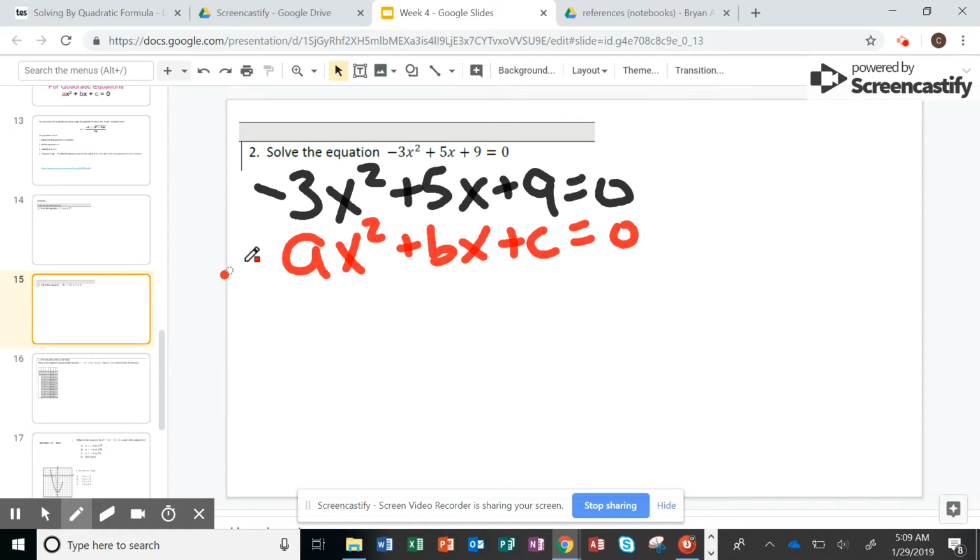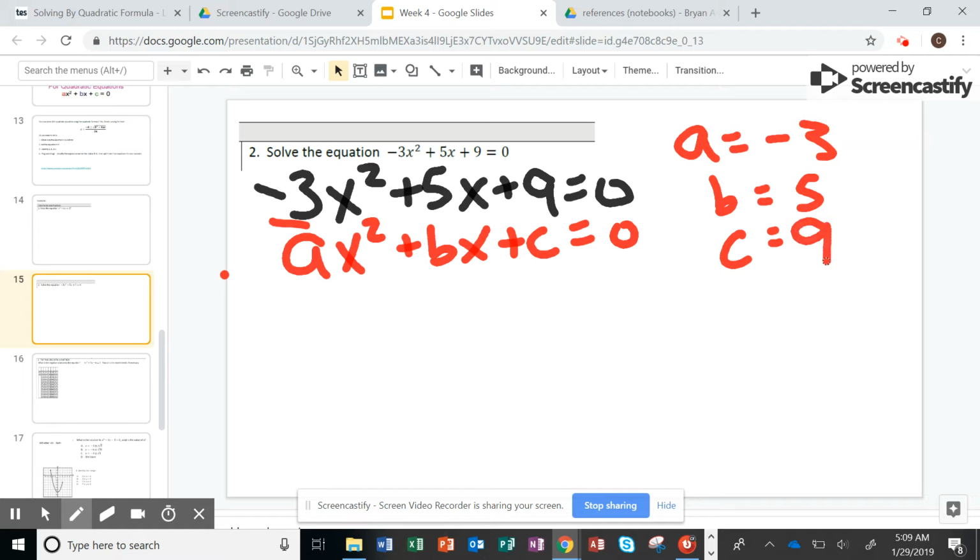Once we write our equation in this form, our standard form equation, then we're able to match up directly above to see what our a, b, and our c values are. So we have a is equal to negative 3, b is equal to 5, and c is equal to 9.